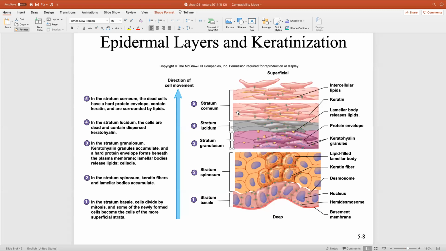But when you first start working out, if you're doing weights, you'll eventually form calluses on your hands, on your fingertips even. The calluses are caused by the increased number of cells in the stratum corneum.